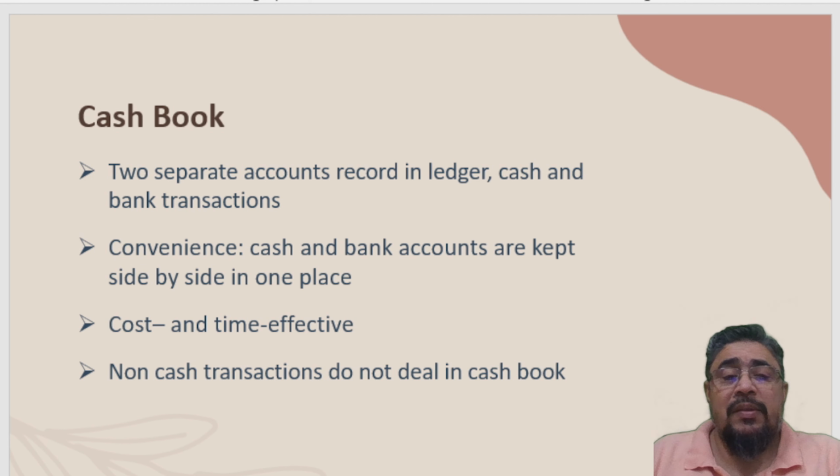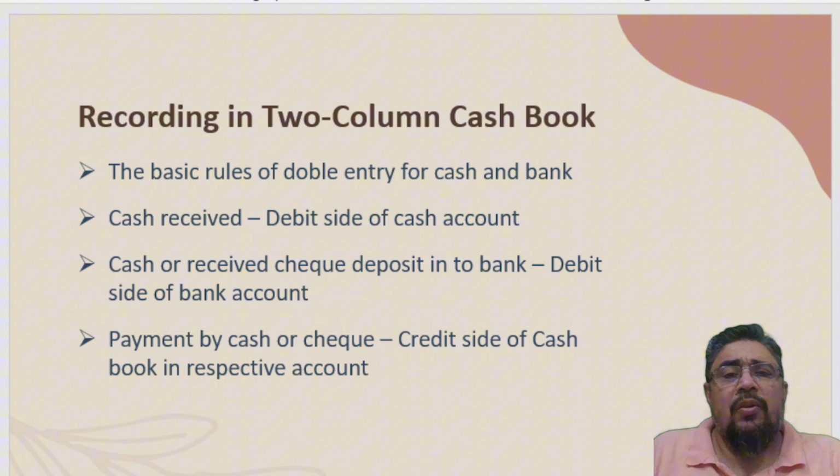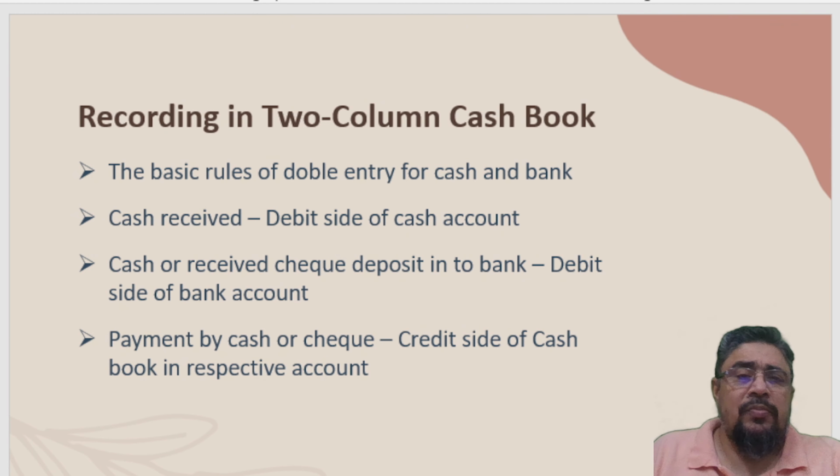No credit transactions are recorded in the cash book, in the cash column or the bank column. Recording in the double column cash book: the basic rules of double entry still apply. Cash received is recorded on the debit side in the cash column.